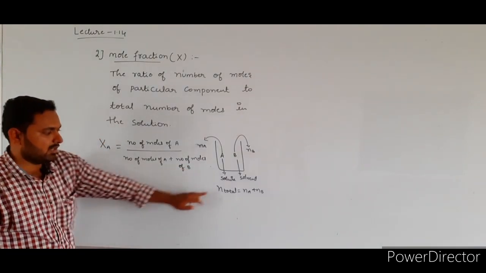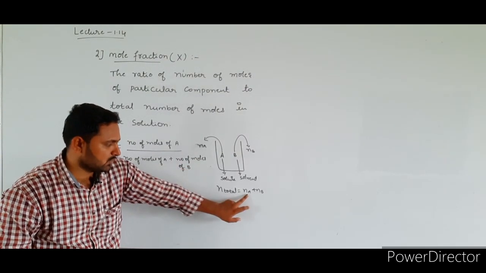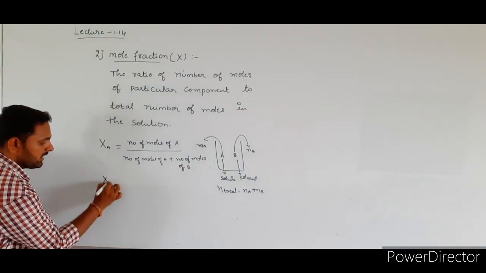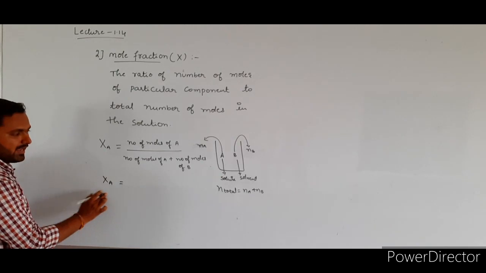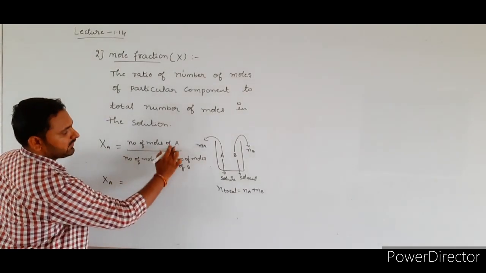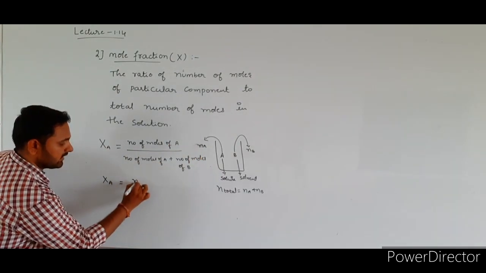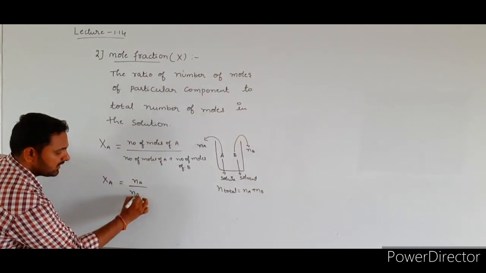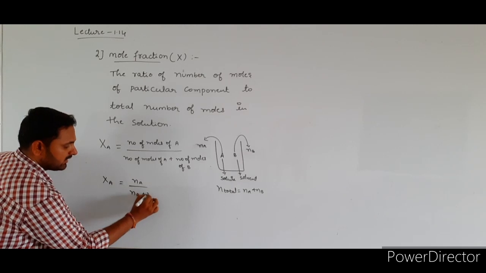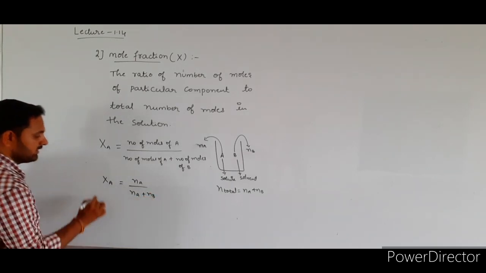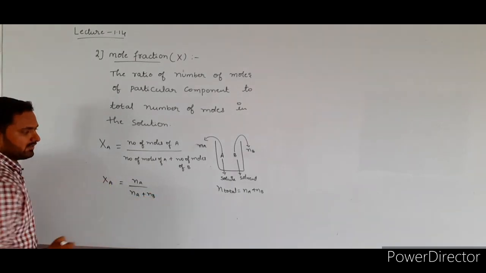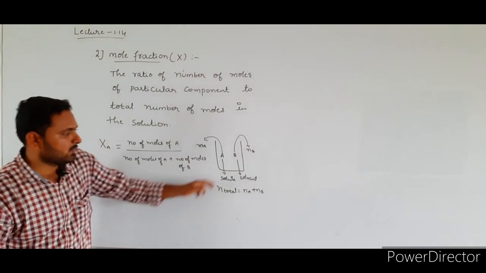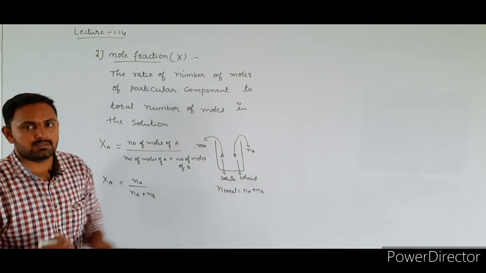Because the total number of moles is equal to number of moles of A plus number of moles of B. Now, XA, the mole fraction of A, is equal to Na divided by Na plus Nb. By using this mathematical expression, we can calculate mole fraction of A in the solution.